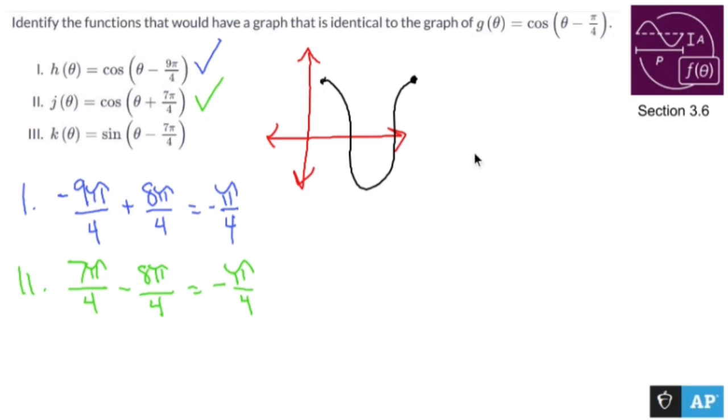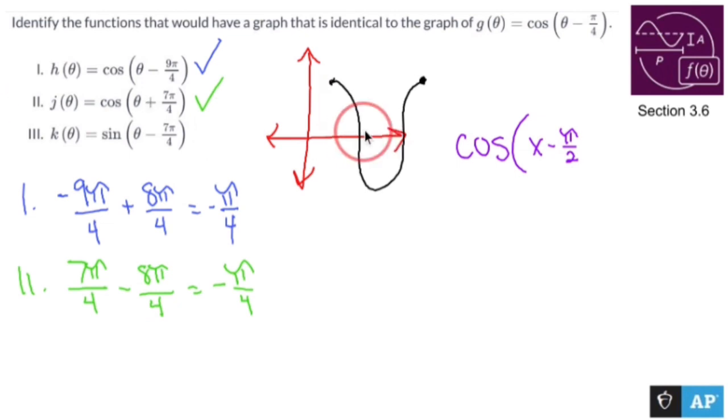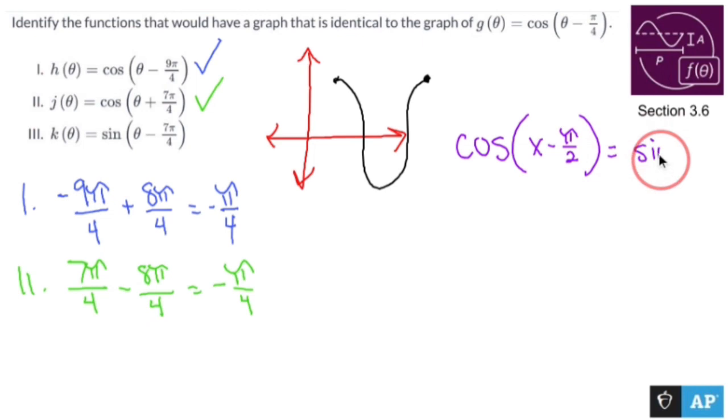In other words, if I take cosine and move it to the right pi over 2, this whole thing will come back down and hit 0, 0 and give me sine. So cosine x minus pi over 2 is the same as sine x.